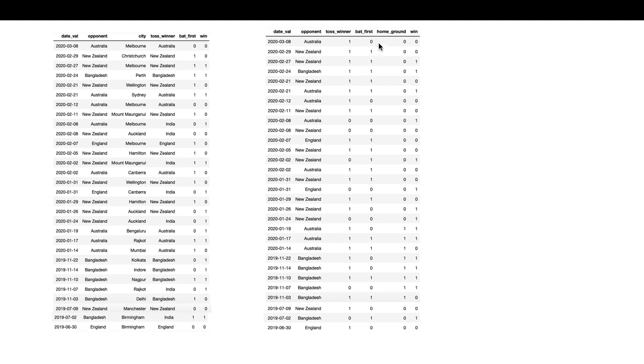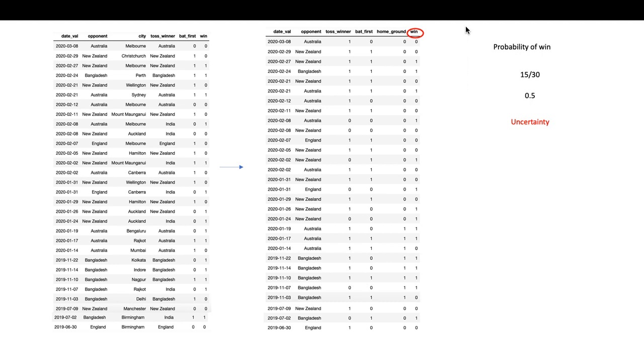Let's see, if we don't consider any of these factors, what is the percentage of wins of India against these countries. The probability of win is 15 out of 30, so it's 50%. So there's a lot of uncertainty.